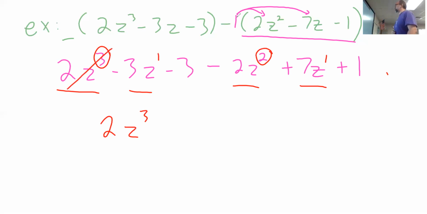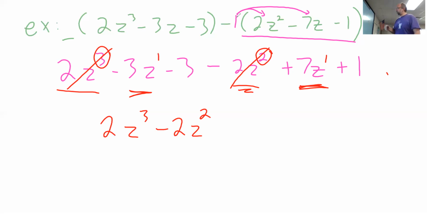Next we look for the 2's. It's next lowest. This one has the 2. There's no other 2's there to combine. So just rewrite it as is. That's used up. Next biggest is just z with the 1 above, or just z. We have negative 3z and then positive 7z.